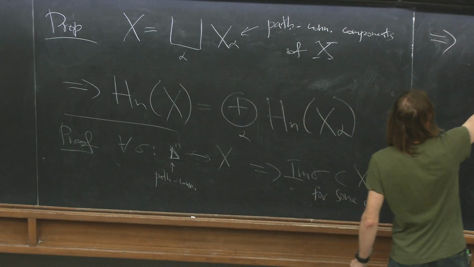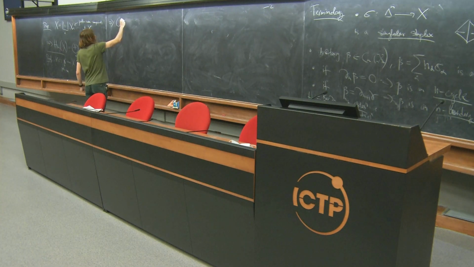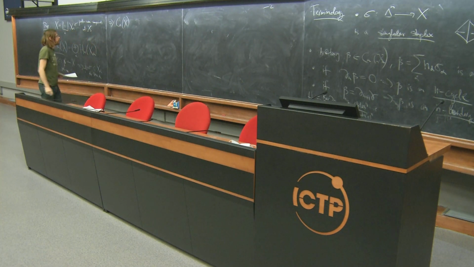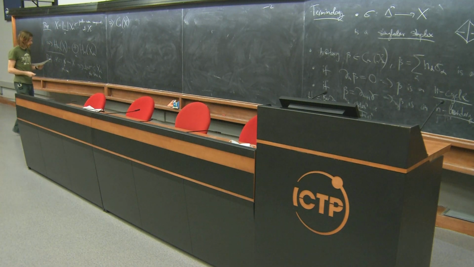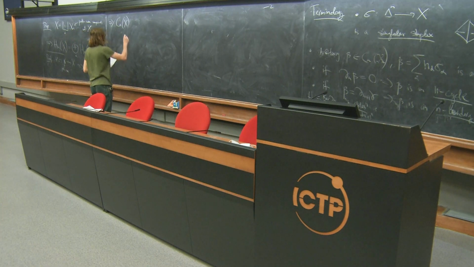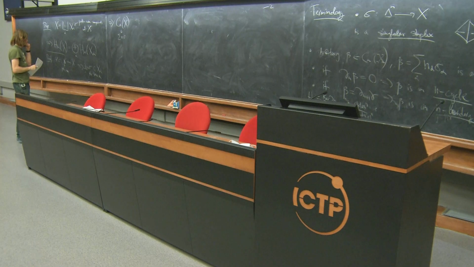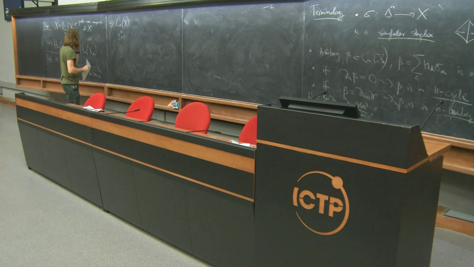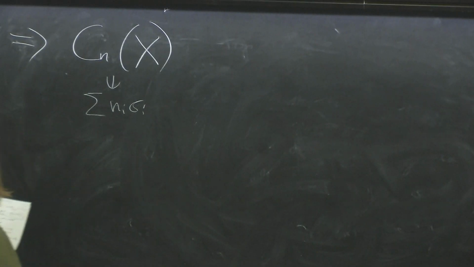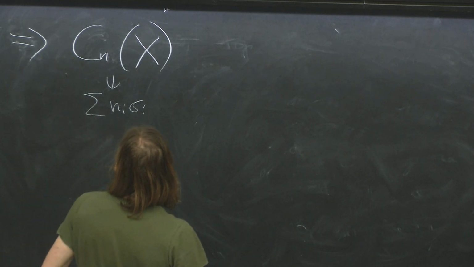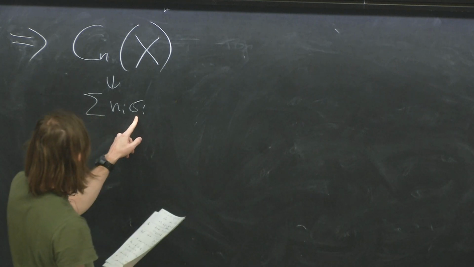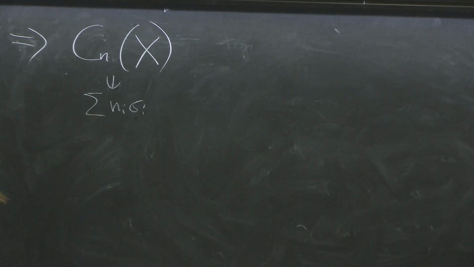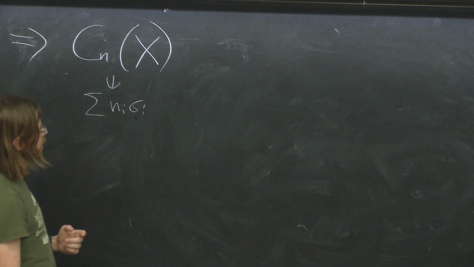And from this observation, it follows that our groups of singular chains, which are, by definition, the groups of formal linear combinations of singular simplices, which are maps from delta n to X, each of these guys has image in one particular path-connected component.